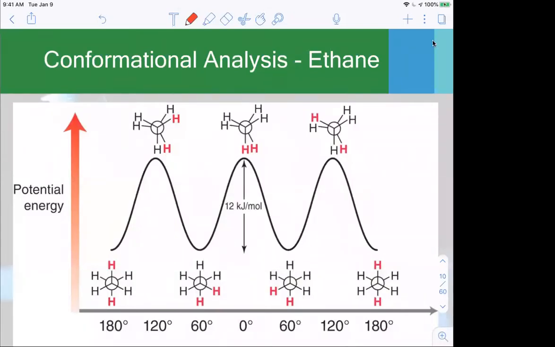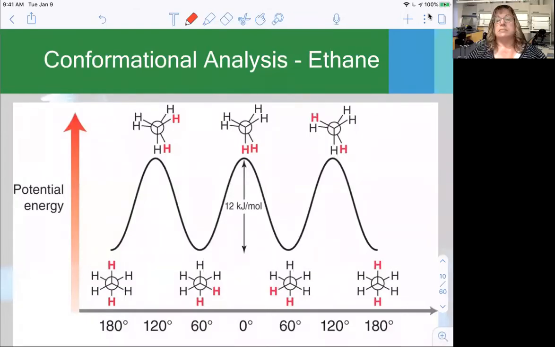And I'm going to try and put my screen up. So here I have ethane. I'm going to mimic so you see the bottom structure. So right now, I have got this structure right here.